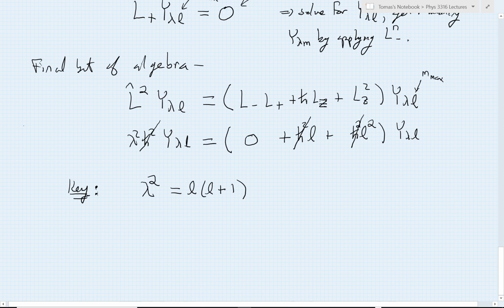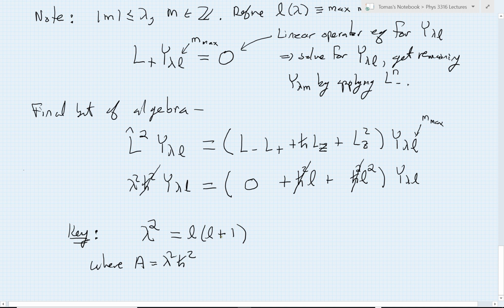So we now have this one key result where I can determine what lambda squared is, where then, remember, the constant A I'm looking for is just lambda squared h bar squared. The allowed values for lambda, this is the key point, are these L's times L plus 1.